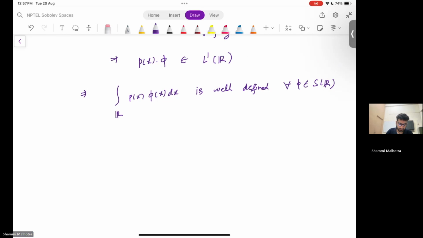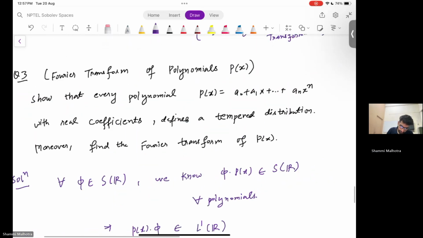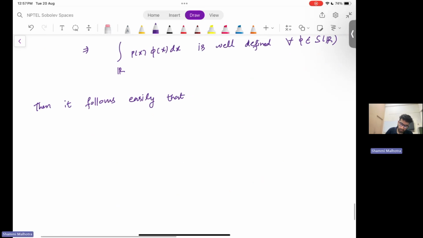So this will give us the convergence. It then follows easily that p(x) defines a tempered distribution.